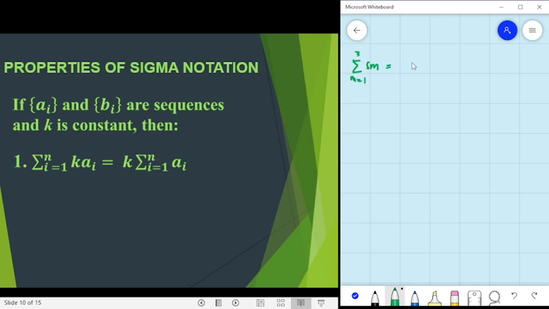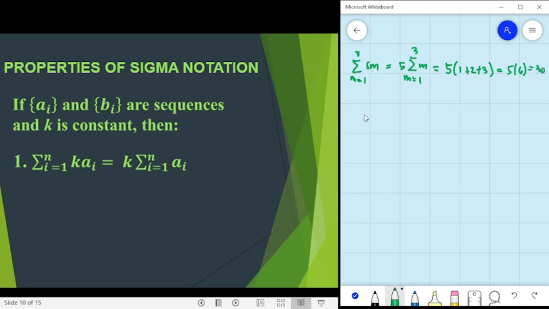In this case, I can write 5 times the summation of m, where m runs from 1 to 3, which is equal to 5 times 1 plus 2 plus 3, equal to 5 times 6, and that would be equal to 30.